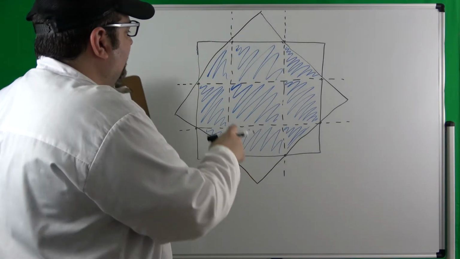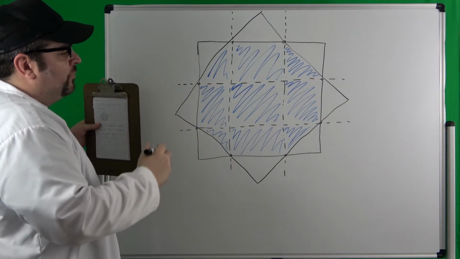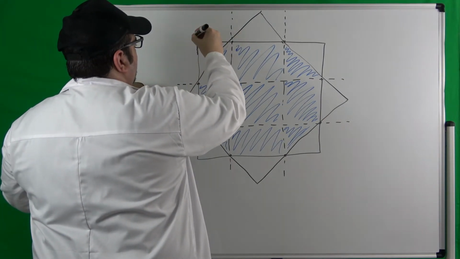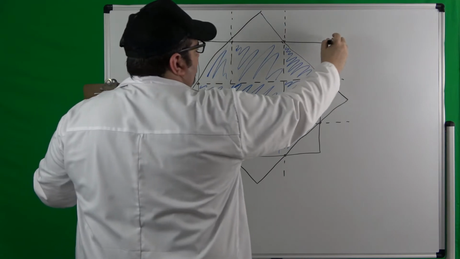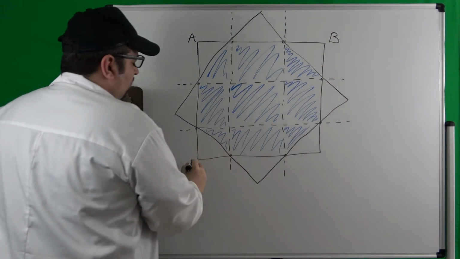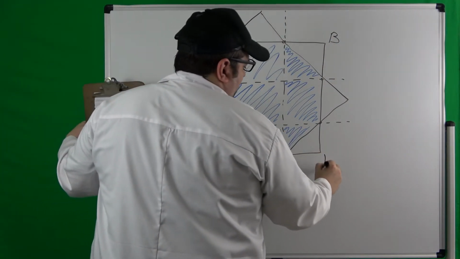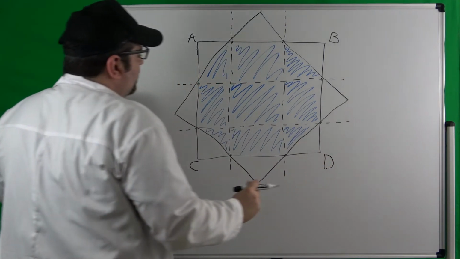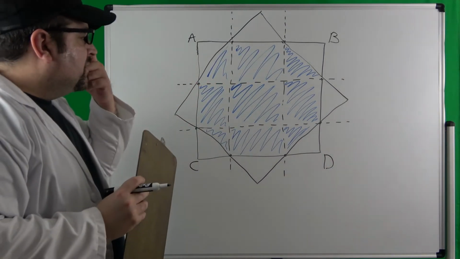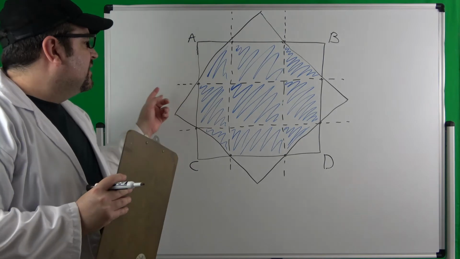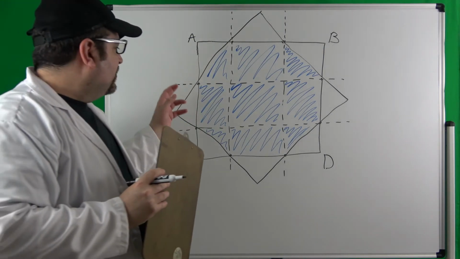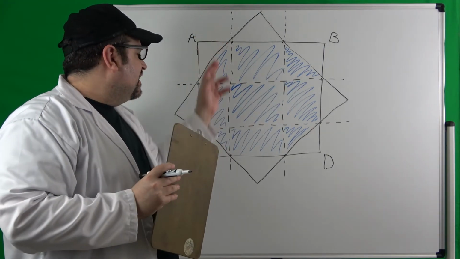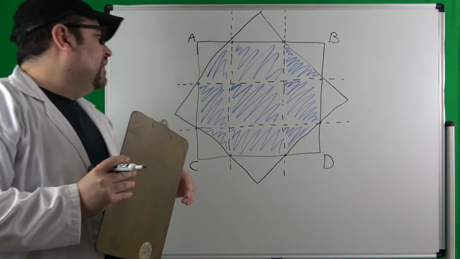Alright, so I've taken the liberty of crudely drawing this square here, A, B, C, D, and the second square that divides it into thirds. And on my picture, I used dotted lines to kind of divide it into thirds here.